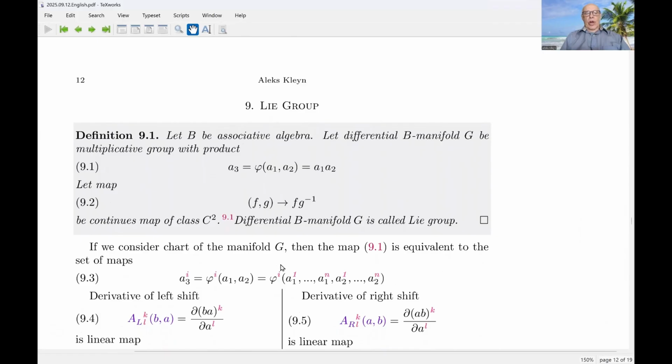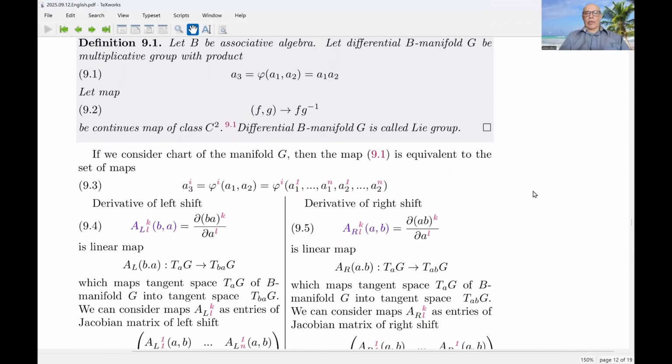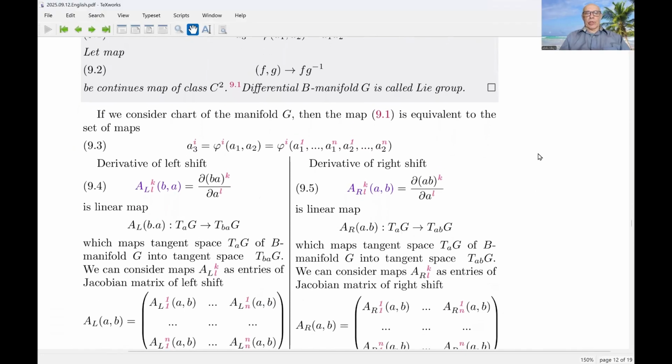If we consider a chart of the manifold G, then map 9.1 is equivalent to the set of maps 9.3. We may consider left and right shifts on the Lie group. However, the equalities and definitions are similar, so we just consider the left shift. The derivative of left shift AL is defined by equality 9.4 and is a linear map which maps the tangent space TBG of manifold G into the tangent space TABG.